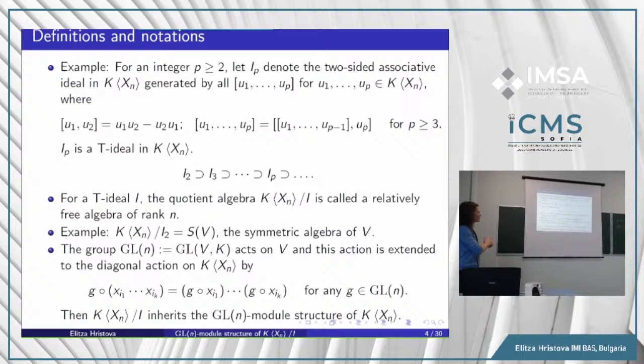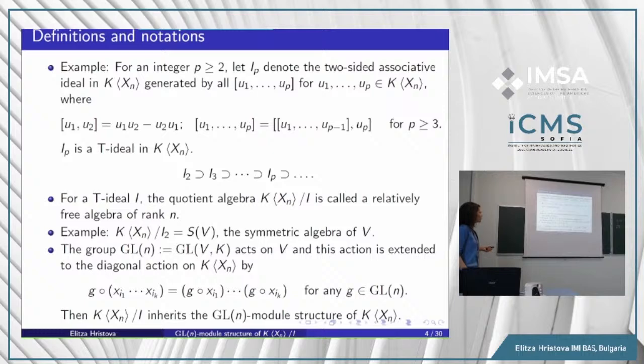Okay, and now as we said, we need to introduce some representation theory in this setting. So this is enough about definitions of relatively free algebras and algebras with polynomial identities. Now we introduce an action of the group GL_n in this setting. First, since we have a fixed basis in V, we have the natural action of the group GL_n on V by matrix-vector multiplication. That is well known from linear algebra.